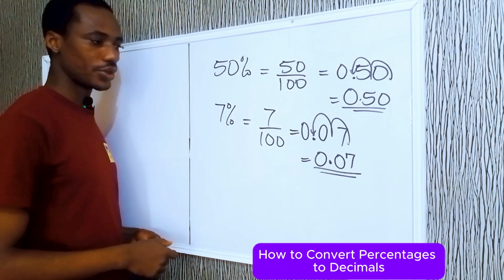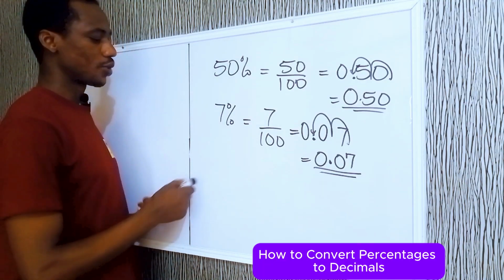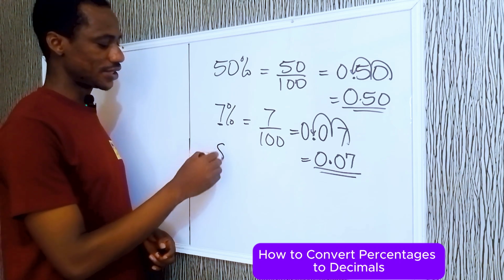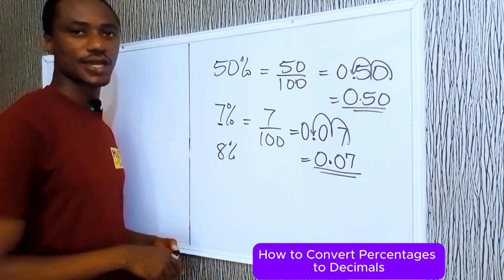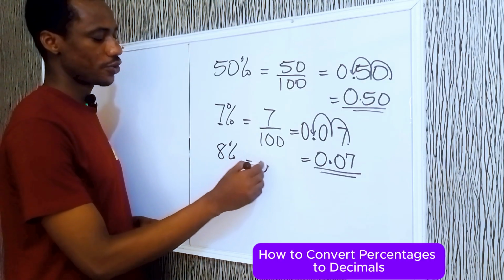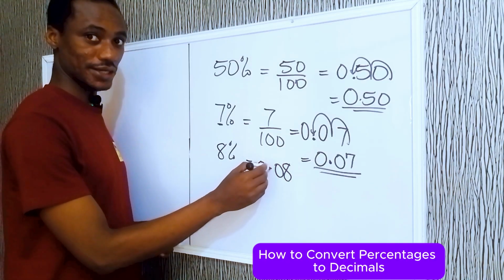So 7% is 0.07. Okay, and then from there, through practice, you could just understand that when you have a single unit as a percentage, 8%, 3%, 5%, 6%, 9%, 1%, the answer is going to be 0.0 that unit. Do you understand that?